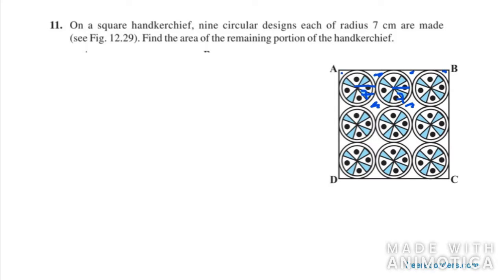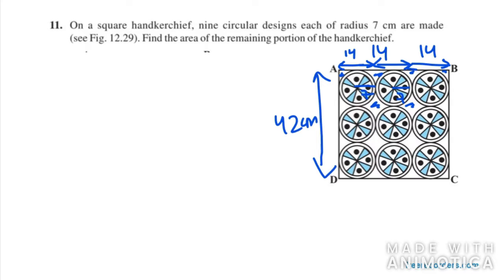So first of all, we need to find area of square. So how to find area of square is, as you know that the radius for one circle is 7. That means diameter will be 14. So 14, then 14. So the total side of square will be 14 times 3. That is 42 centimeter.